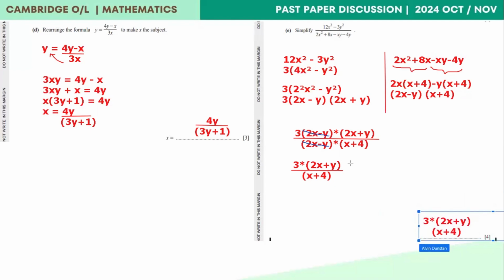Whenever these types of factorizing questions come, I suggest you do the numerator factorizing separately and the denominator factorizing separately. Afterwards, after fully factorizing, you can write in this format. If there is a common factor for both the numerator and denominator, you can cut that and write the final answer in this format. So, let's move on to the next question.